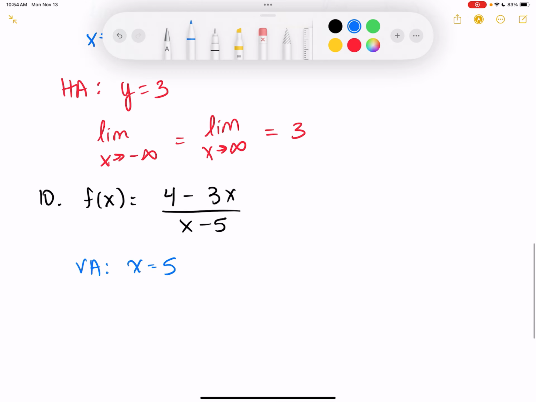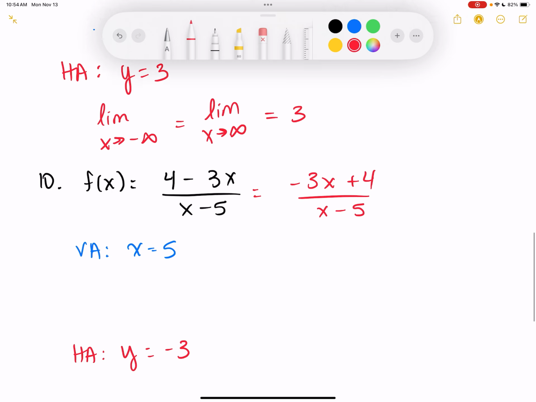Now, what about a horizontal asymptote? At negative 3. Yep. So basically we get rid of the 4 and the negative 5 on the bottom. So I've got negative 3x over x. Fortunately, you realized this. I was seeing if I was going to stump you or not. So that means my horizontal asymptote is at y is equal to negative 3.